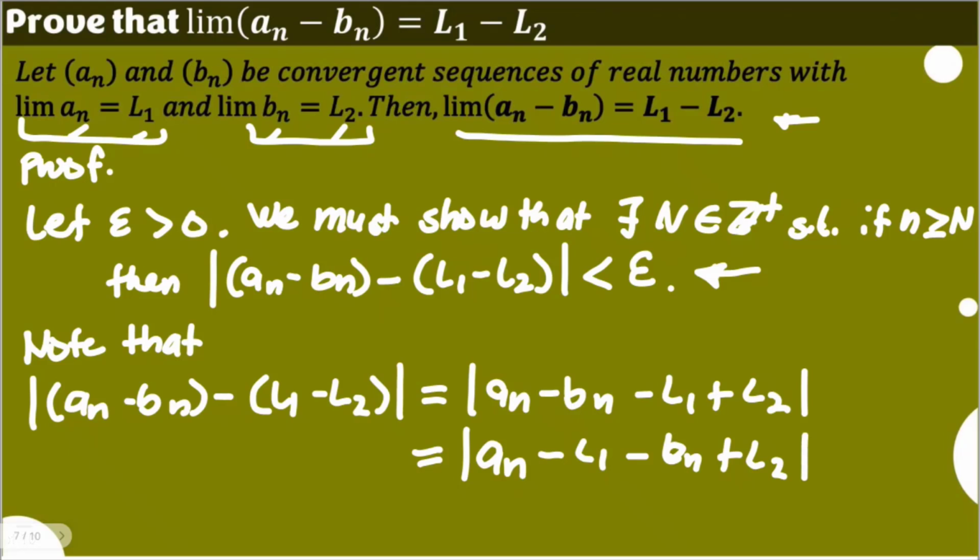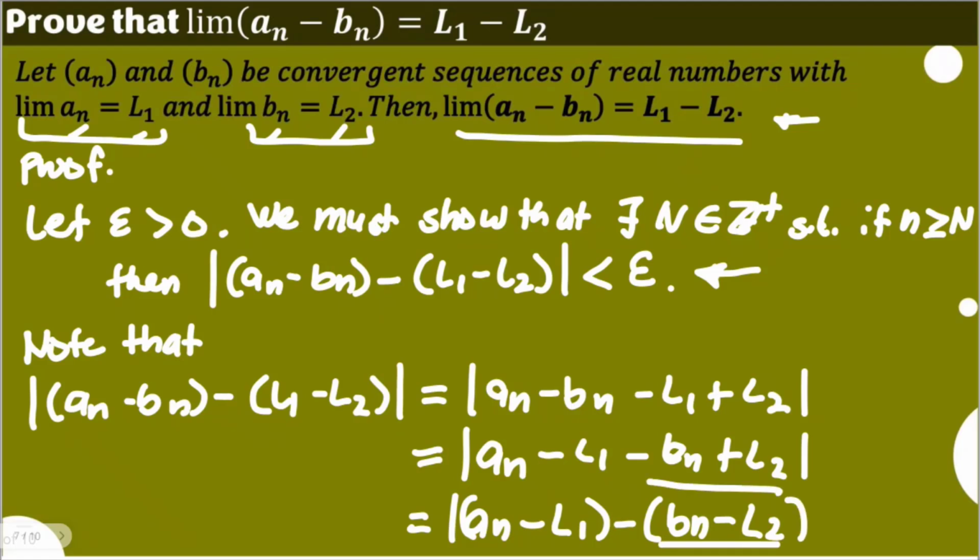After this, you can have a sub n minus L sub 1, and once you take out the negative sign, you have b sub n minus L sub 2. Why is it that we take out the negative sign? Because we need to structure this into this form as well, to pattern it to the definition of the limit. So, just like that.